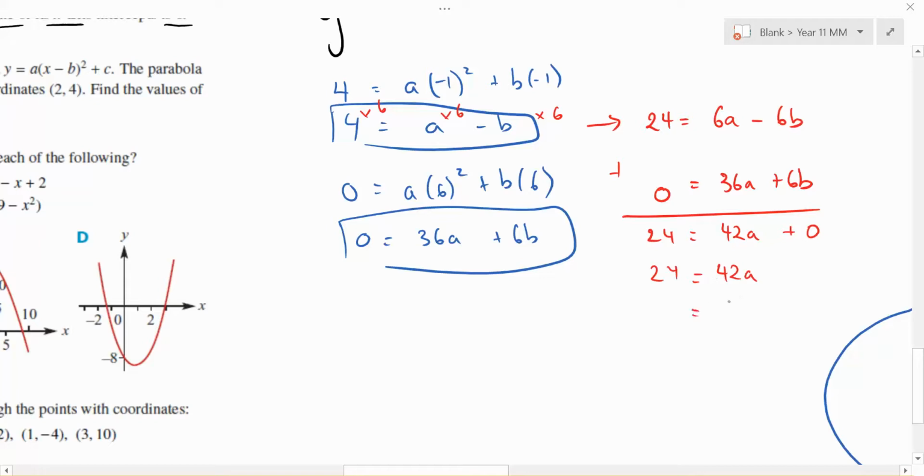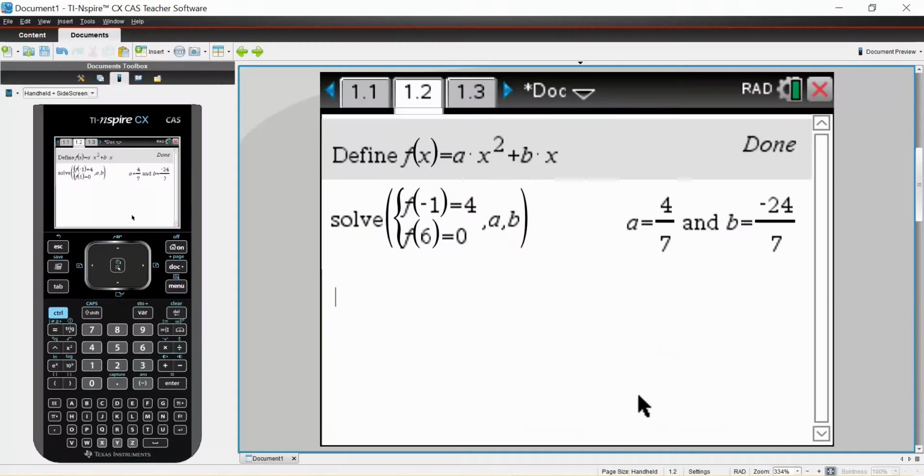Divide both sides by 42: a equals 24/42. Simplifying this down, 6 into 24 is 4 and 6 into 42 is 7. So a equals 4/7, which is exactly what I got over here.